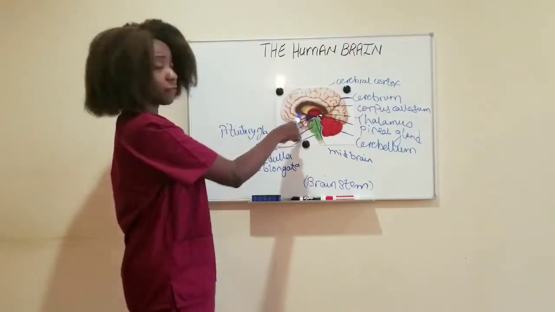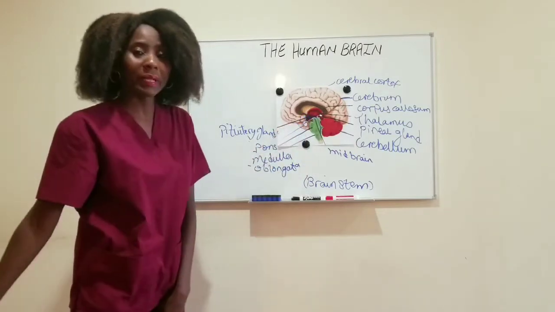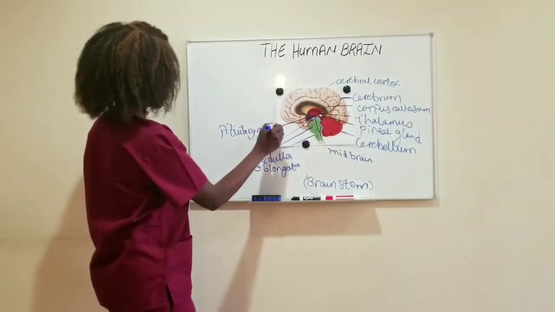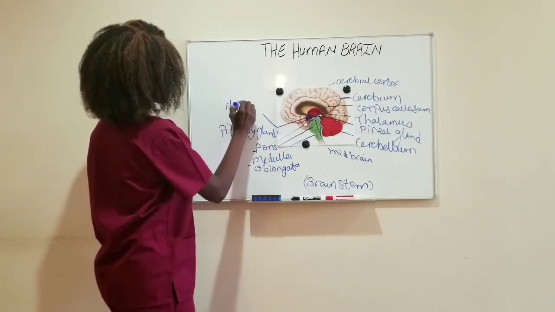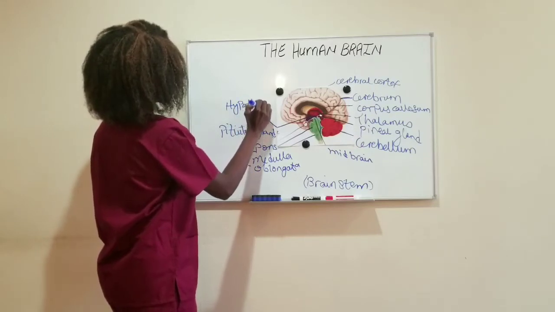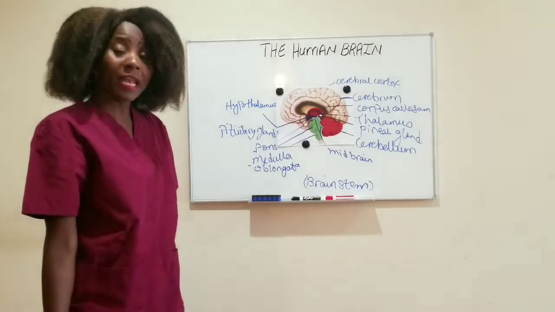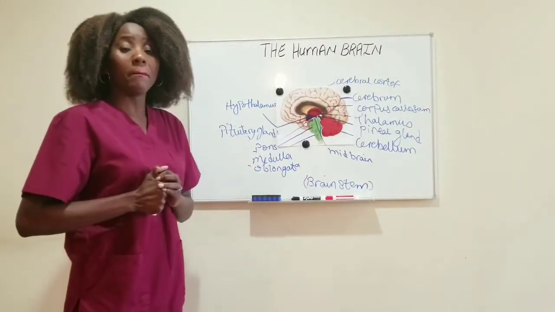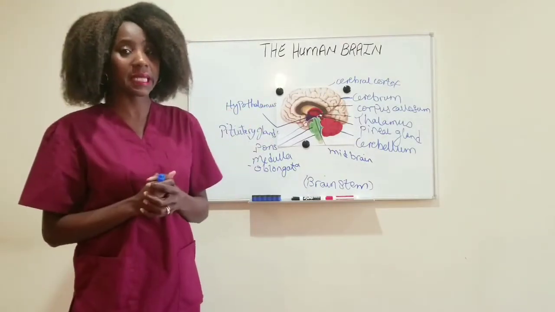And finally, the final structure that we're going to look at is this area in purple, and that is going to be our hypothalamus. So I'll just put a line here. Hypothalamus. All right, great. So there you have it. These are the major segments of the brain that we're going to discuss today.